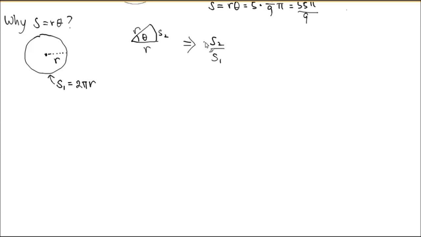And they believe this must be equal to the ratio of the angle for the full rotation, which is 2 pi, and the angle for this smaller sector, theta. Because of this perfectly symmetrical shape, they believe the ratio of these two lengths must be equal to the ratio of the two circles.